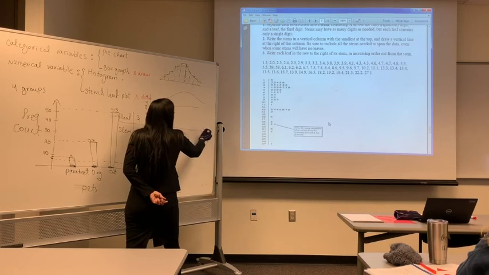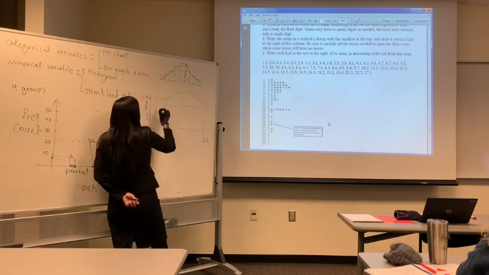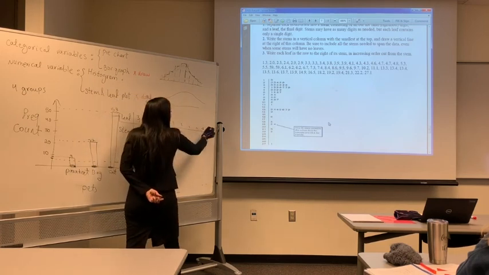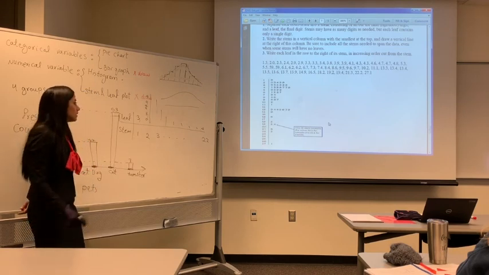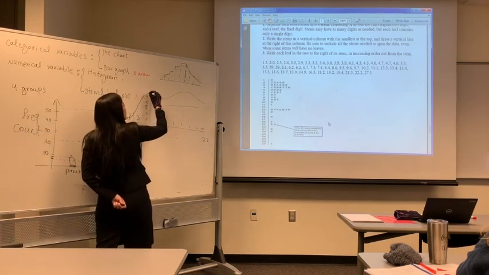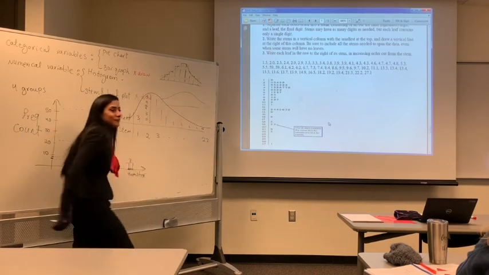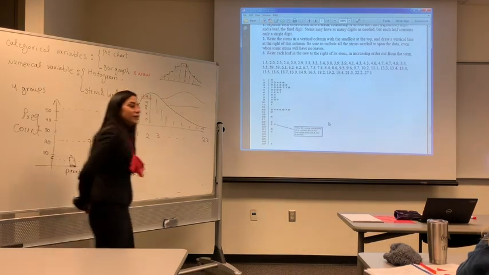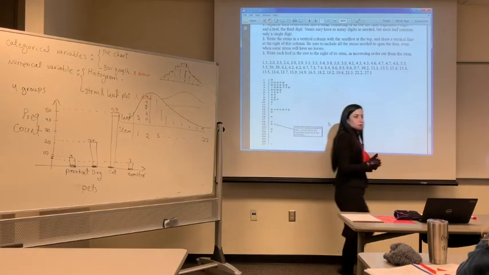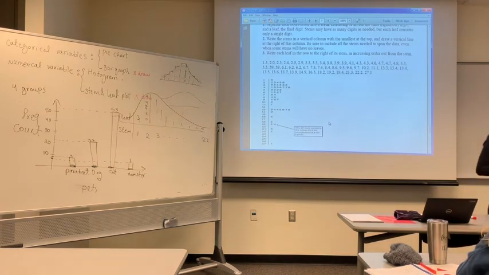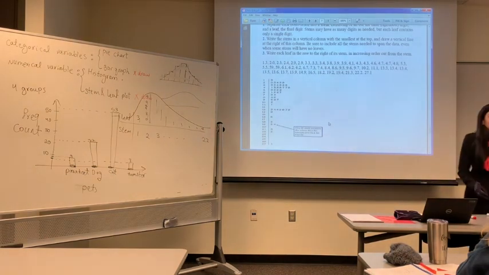We have 1 number here. And then if you draw all of these, write down all the numbers, and then if you do something like this, do you see anything here? Shape, correct? You see the shape.